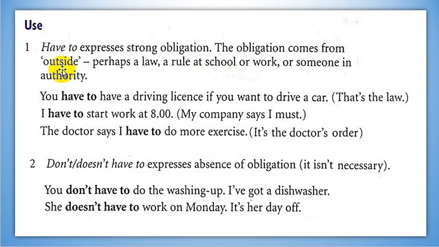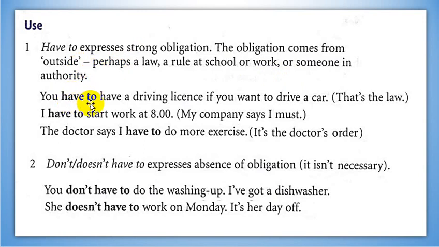Perhaps a law, a rule at school or work, or someone in authority. This obligation comes from a law or instructions inside a school, university, or workplace, or from a person with higher authority, such as a father or a manager. So the strong obligation in using have to comes from outside.